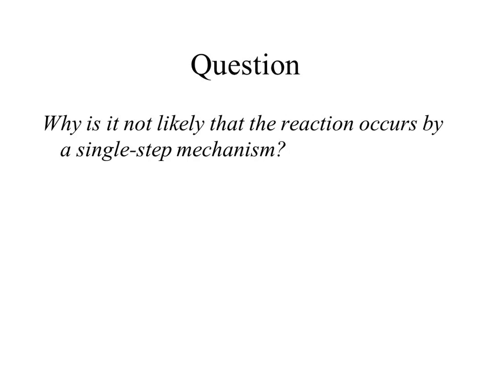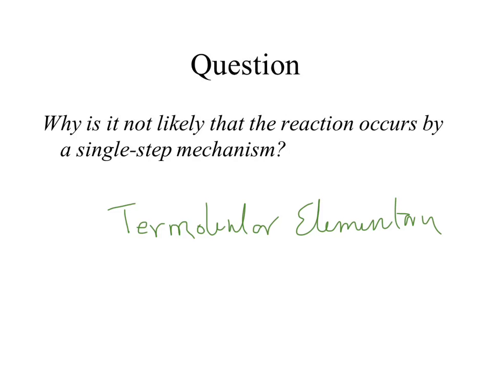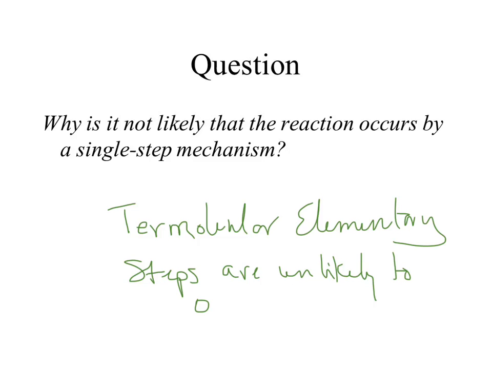So I'll go ahead and answer this question: why is it not likely for it to be an elementary reaction? Because molecular elementary steps, I'll say molecular because that's how I learned it, are unlikely to occur. And that would be what's required.